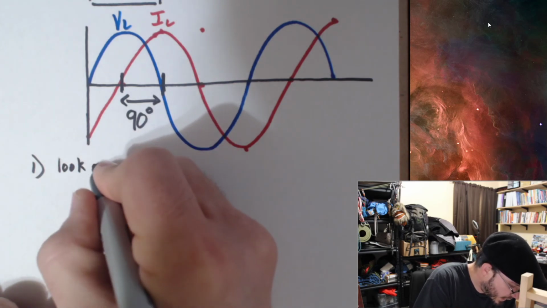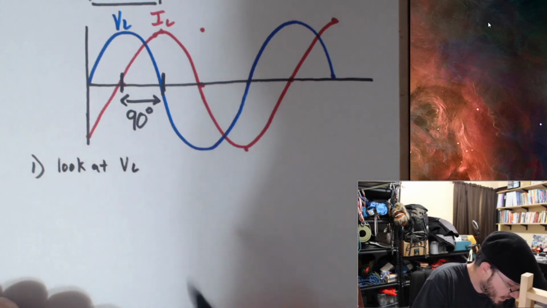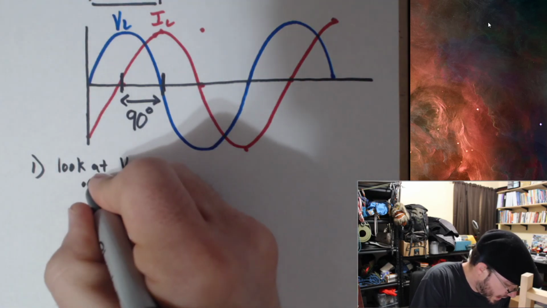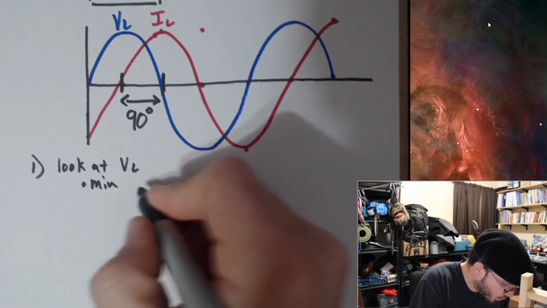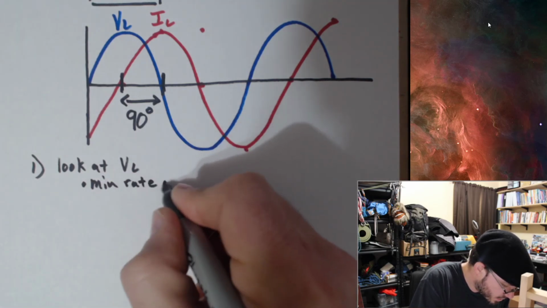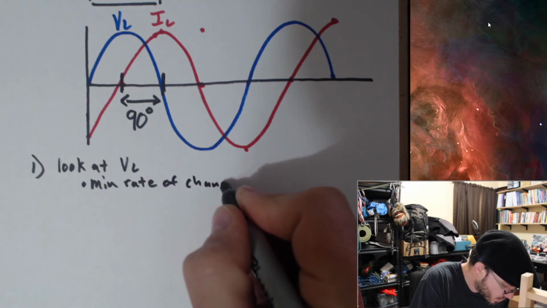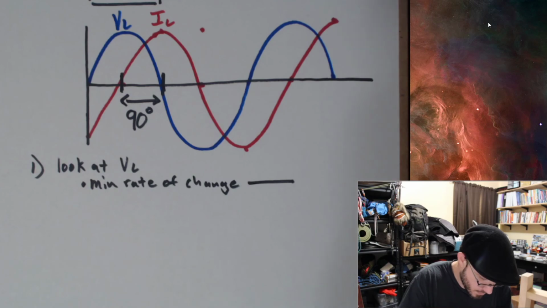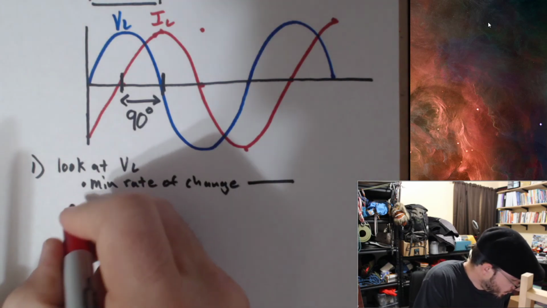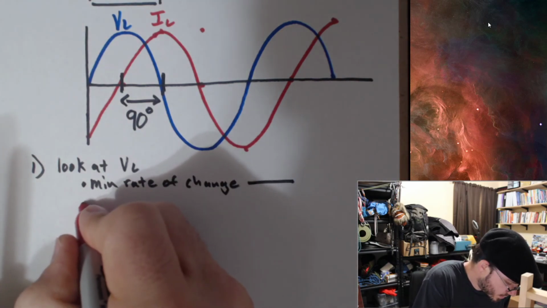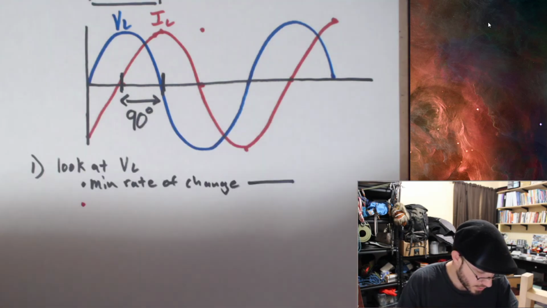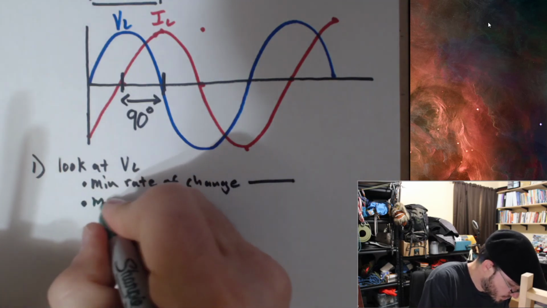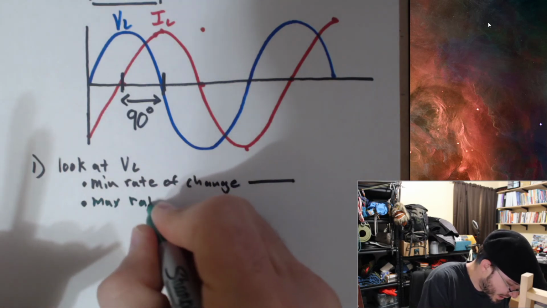And let's say we look at V sub L. And I'll use black for the min rate of change. And I'll use green for a max rate of change.